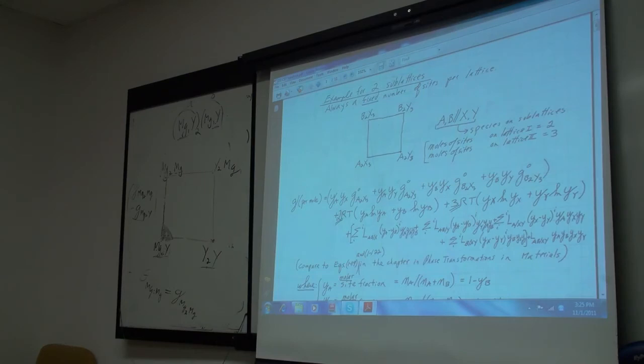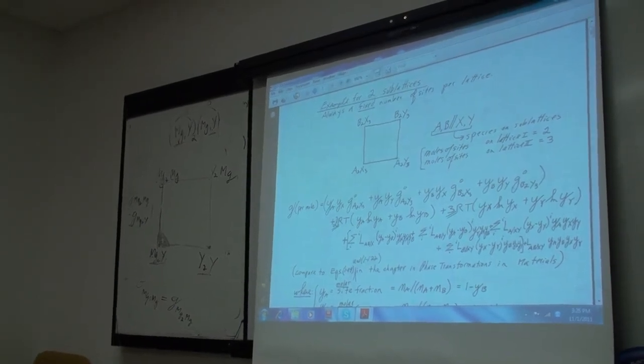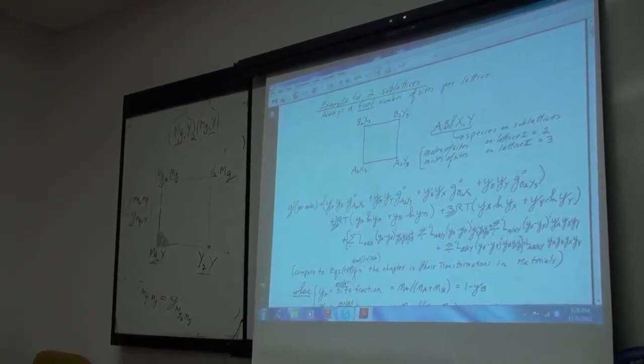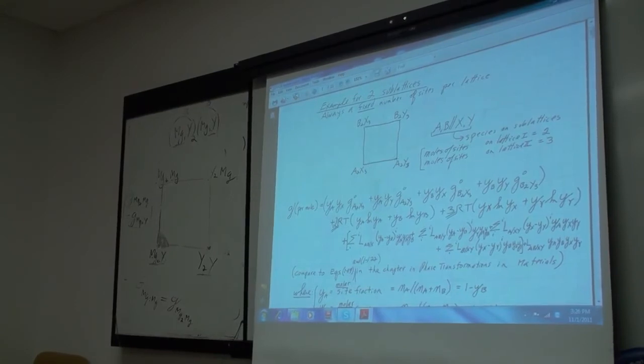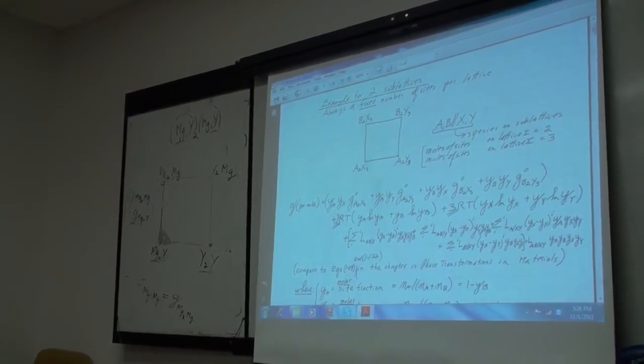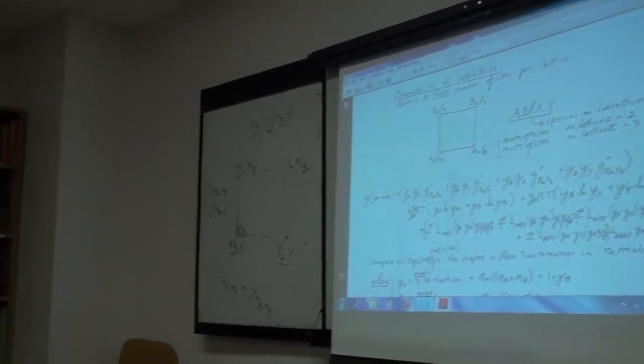So we're taking, say, liquid of sodium chloride and MgCl2. In MgCl2 you have twice as many anions as cations. So you have twice as many anion sites as cation sites. Meanwhile, in NaCl it's 1 to 1. The 2 are completely miscible, so the ratio of the number of first nearest neighbor sites has to change as you move across the system. And so how do we take that into account?